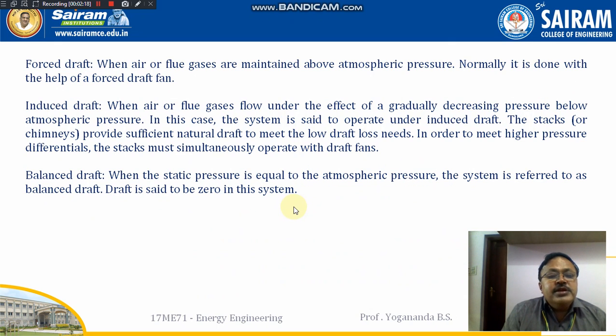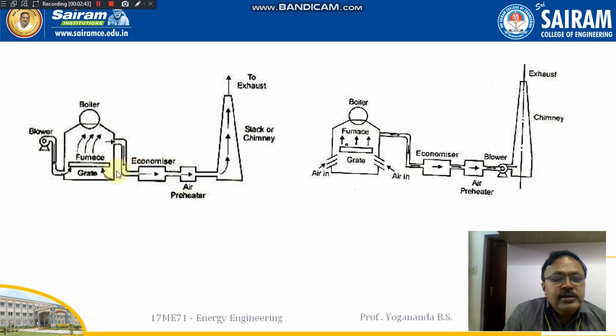Then forced draft is when the air flow or the hot gas flow is maintained above atmospheric pressure. Normally it is done with the help of a forced draft fan. Here you can see the first one on the left side, the forced draft.